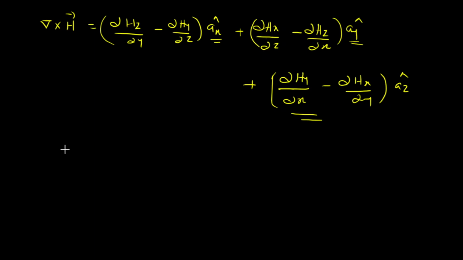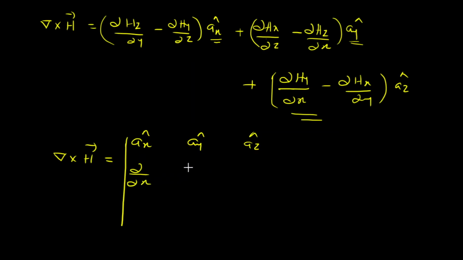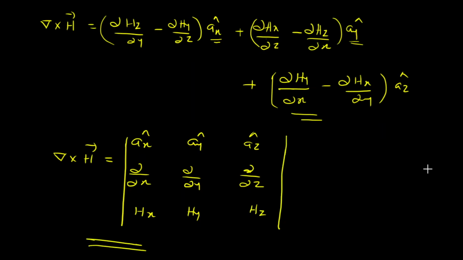So I can easily write it in terms of a determinant: curl of h can be mathematically evaluated as the determinant of del by del x, del by del y, del by del z, and hx, hy, hz. If you can calculate it, you will get curl of h. So curl of h can be calculated easily using this determinant form.